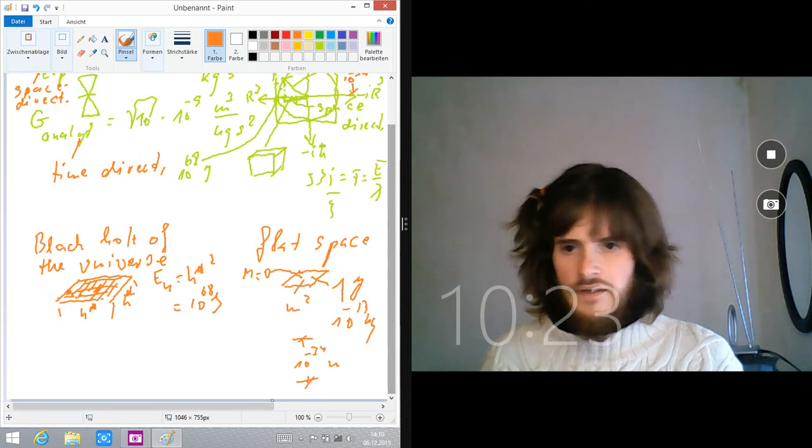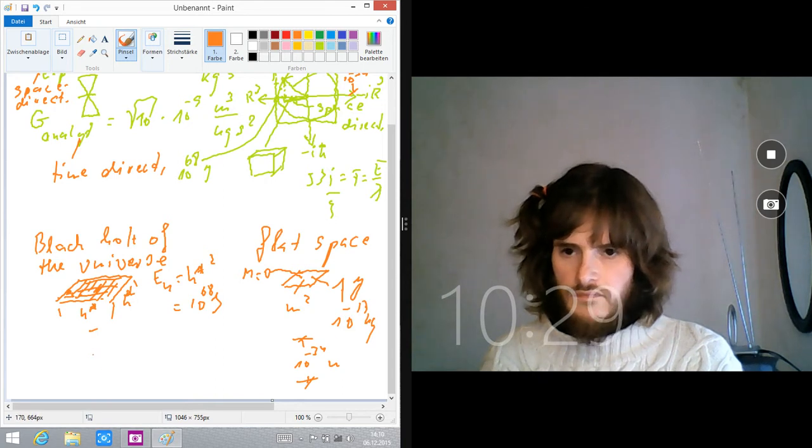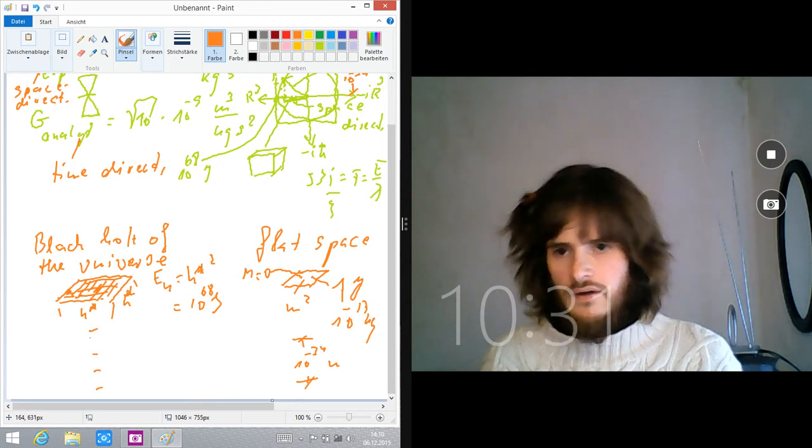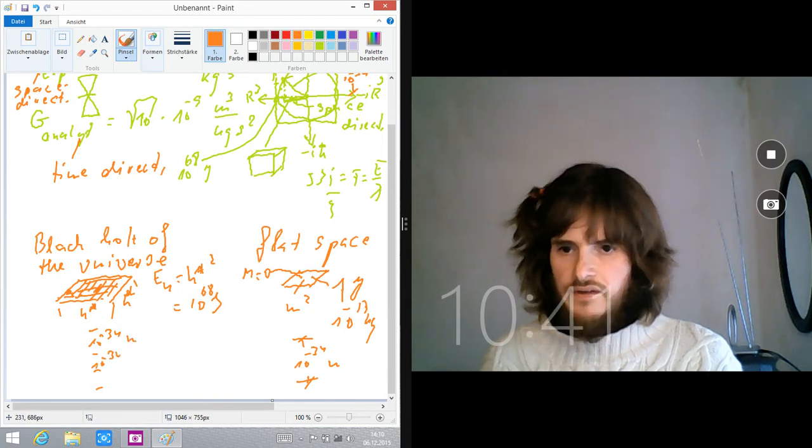And here, for micro black holes, I added more and more as higher is the mass. The distances are added.